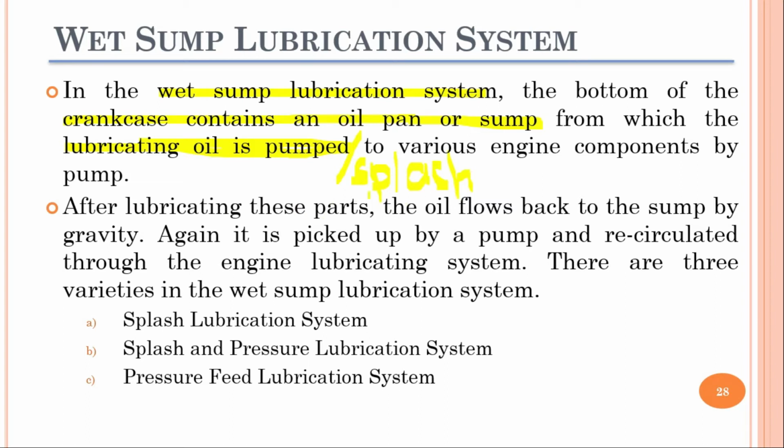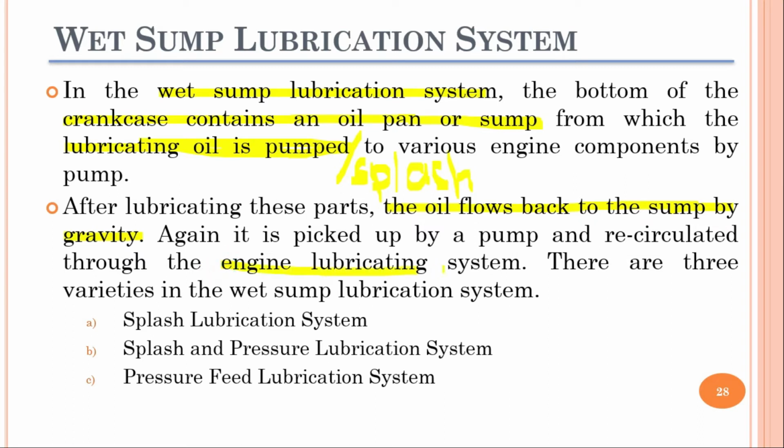After lubricating these parts, the oil will flow back to the sump by gravity, as I explained earlier in the video. The oil after lubrication will come back to the oil sump, and again it is picked up by a pump and recirculated through the engine lubricating system.